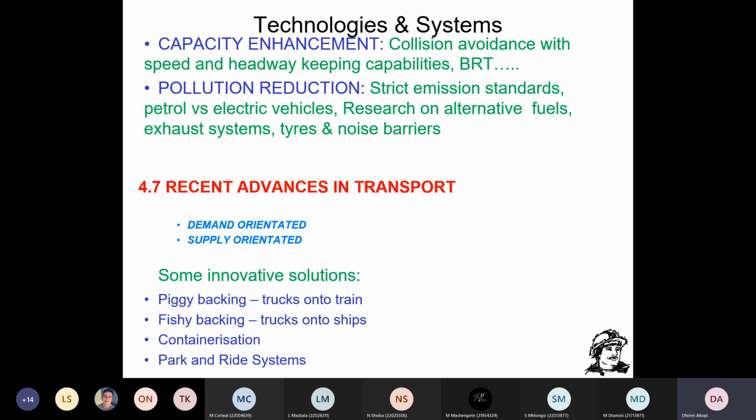Also, one must try to look at other alternatives, rather than adding to the congestion in your central CBD: capacity enhancement. With capacity enhancement, one should try as far as possible to use high capacity modes.